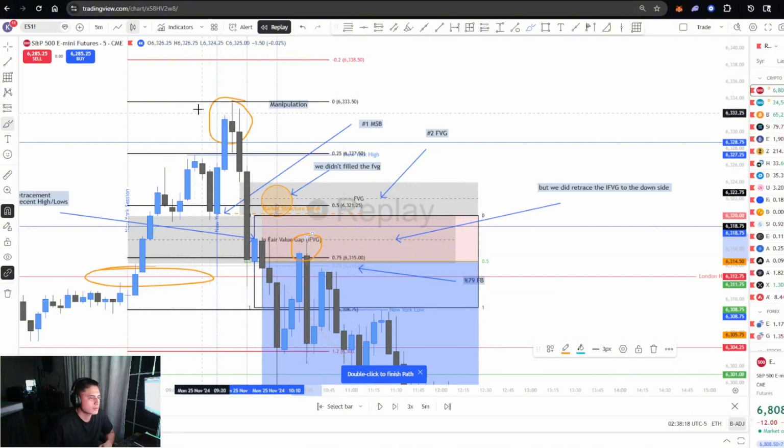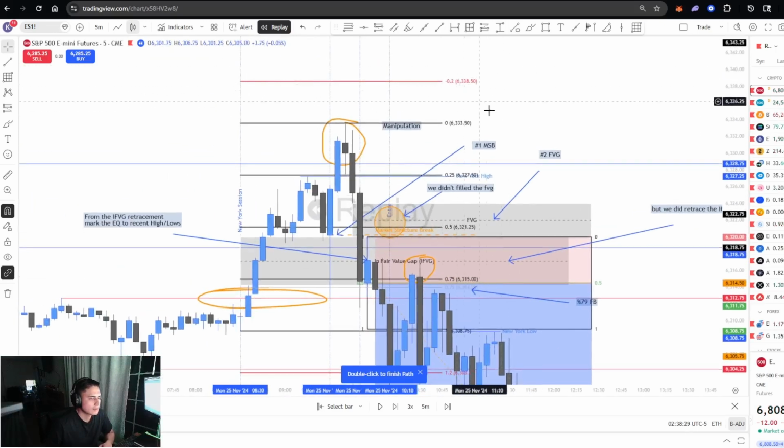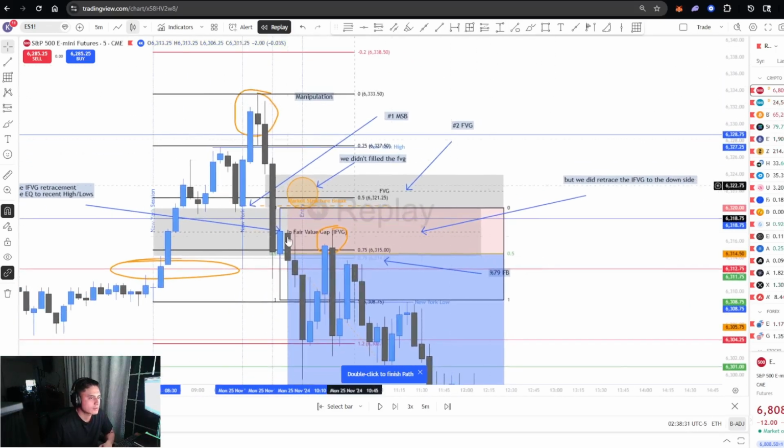So in this situation, I marked my equilibrium. The way that I marked it is because I also noticed that we had a Fibonacci. So Fibonacci was retraced back to the 79%. Okay, that's my area right here. Marked my equilibrium on the high to the low and let it play.